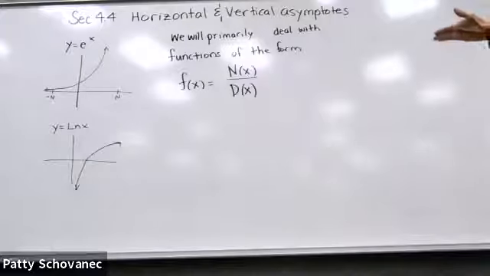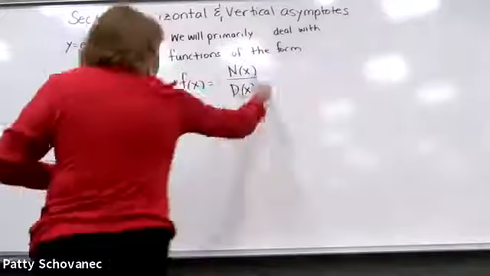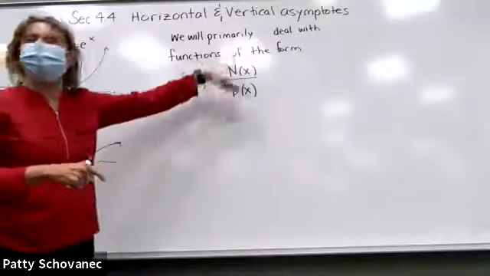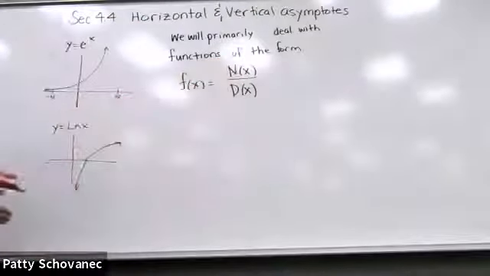Okay, if we have a denominator in a function, we have potential for dividing by 0, which makes this thing not defined. Where the function's not defined is where these vertical asymptotes come into play.